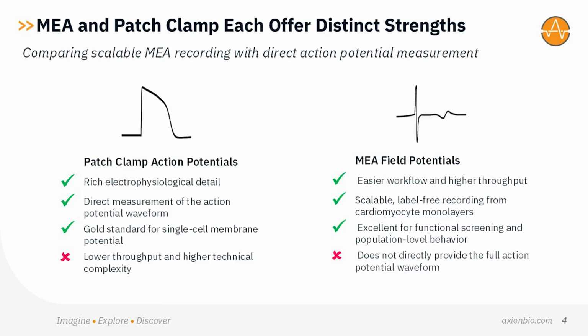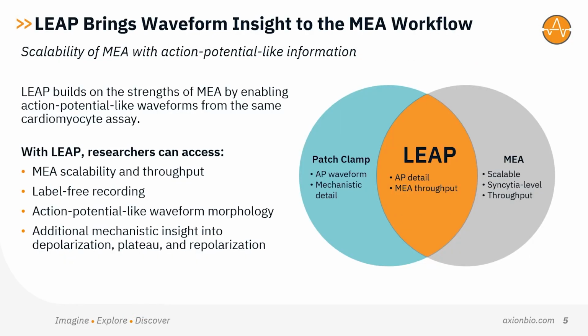So an ideal compromise in this situation would be to develop an assay which takes the best of both worlds. And that particular assay is the LEAP assay. The LEAP assay offers more waveform-level information in a scalable MEA workflow. LEAP builds on the strengths of MEA by enabling action potential waveforms from the same cardiomyocyte assay.